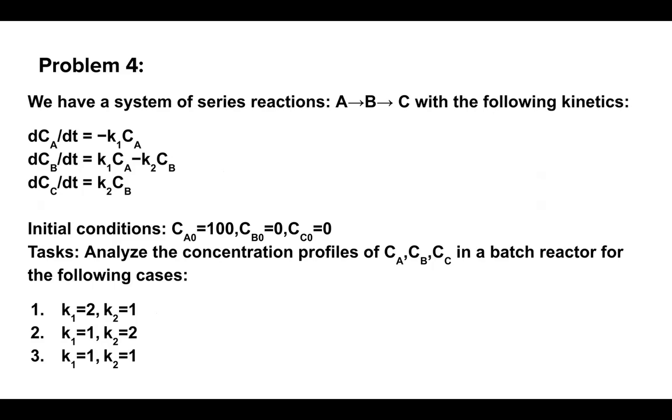Analyze the concentration of Ca, Cb, and Cc in a batch reactor for the following cases. So remember, you have multiple cases given here, so it is better you use a for loop. Okay, and try to plot the Ca behavior, Cb behavior, and Cc behavior. So please try to code this in MATLAB, and I'll come with the answer in 3-4 minutes. Okay.